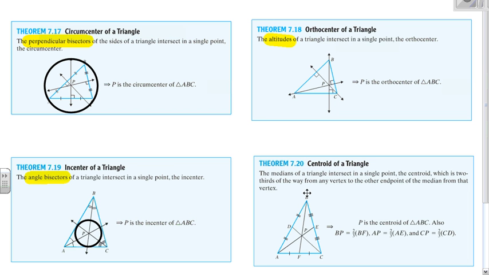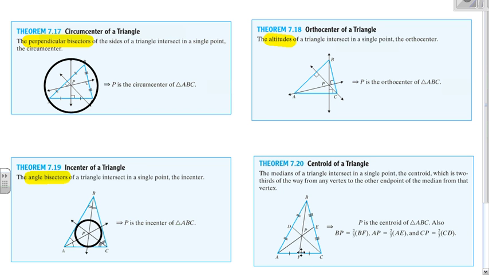And if you draw all three medians of the triangle, you'll get what is called the centroid. The centroid has this interesting property where the centroid splits each median into a short segment and a longer segment.